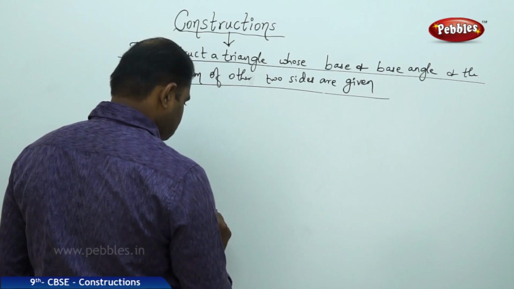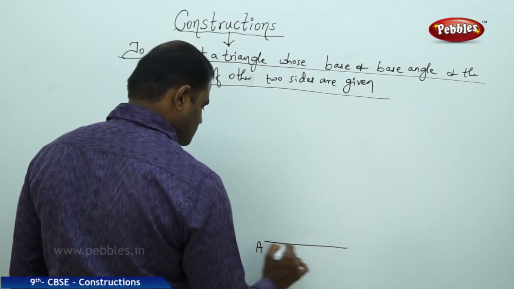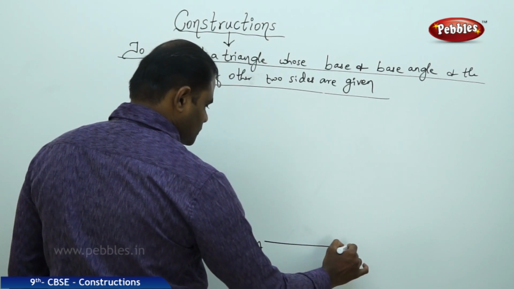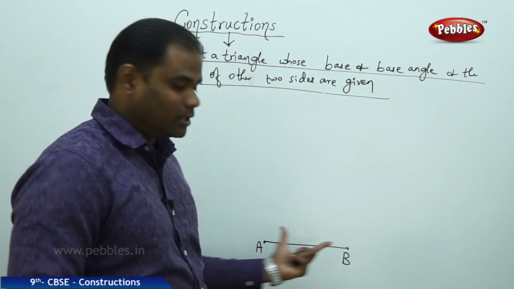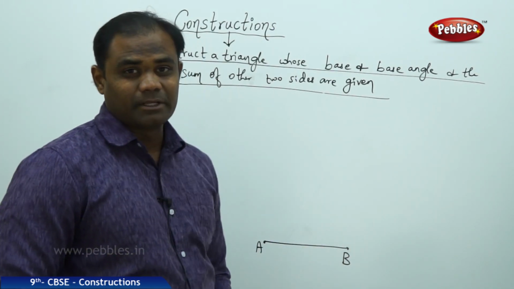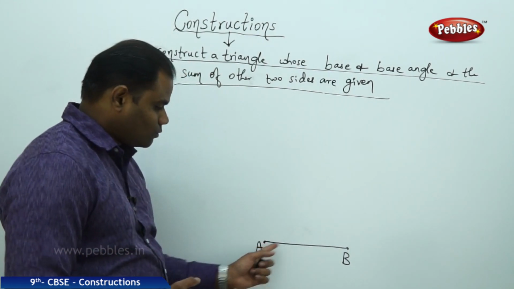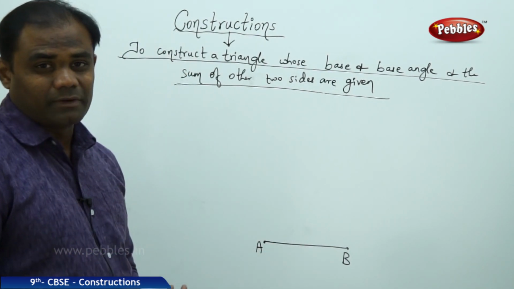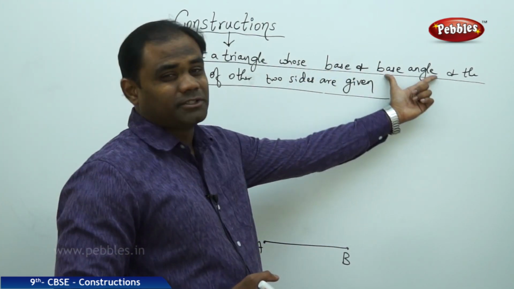So here I have a base AB of certain length. So I take that given length using the ruler and I draw a line segment with that fixed measurement using a straight ruler. So once the line segment AB is given and drawn out here in the plane, next is the base angle which is taken.